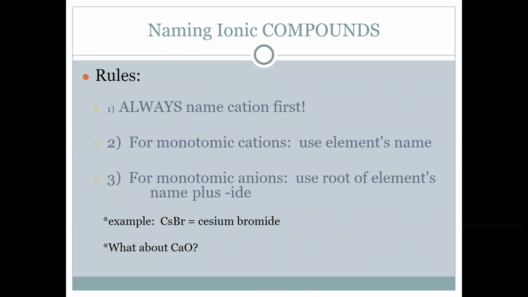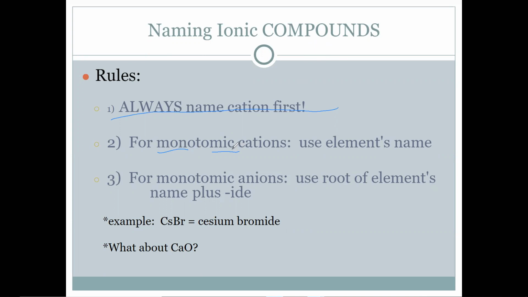There are some rules though. Once again, let me reiterate this. You're always, always, always going to name your cation first, or your metal. Your metal comes first. It does not matter. For your monoatomic cations, monoatomic meaning one atom, okay?